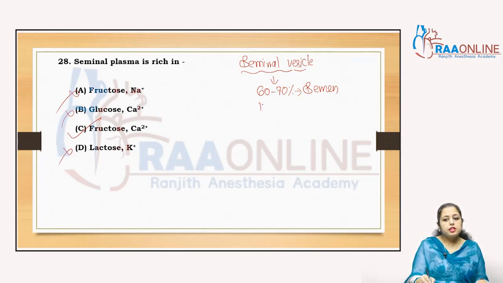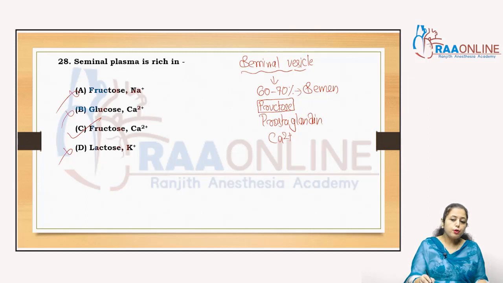Fructose is present in the secretion of the seminal vesicle. Prostaglandin is present in the secretion of the seminal vesicle, right, with calcium, iron, and all these things. So listen carefully, fructose is the diagnostic test in case of a rape case, right?